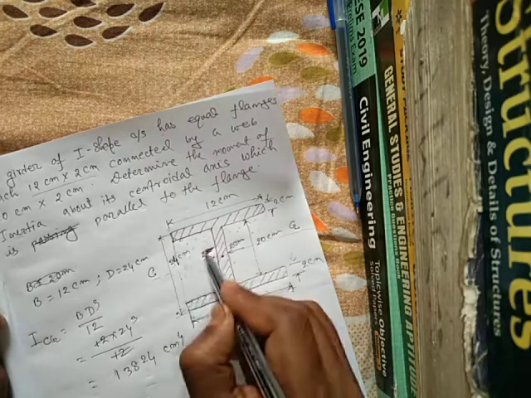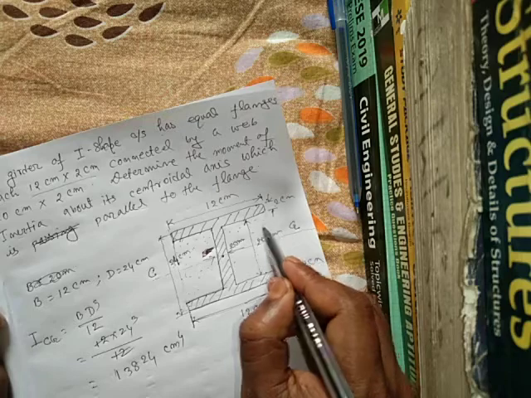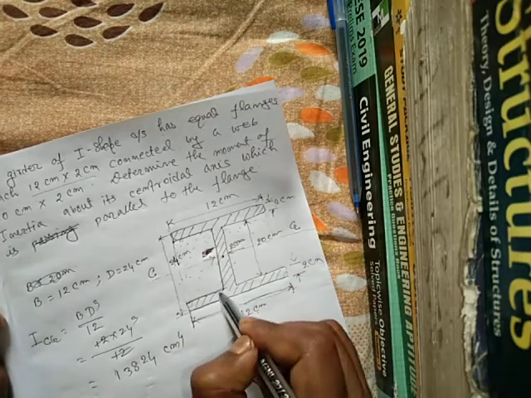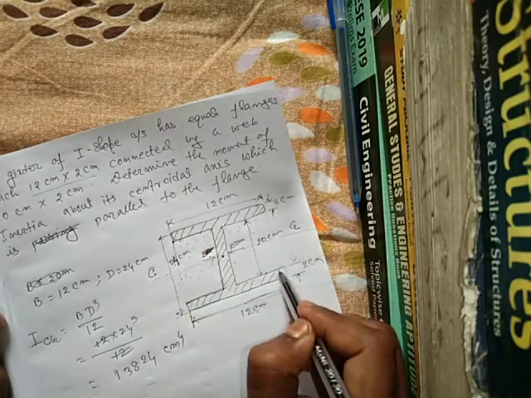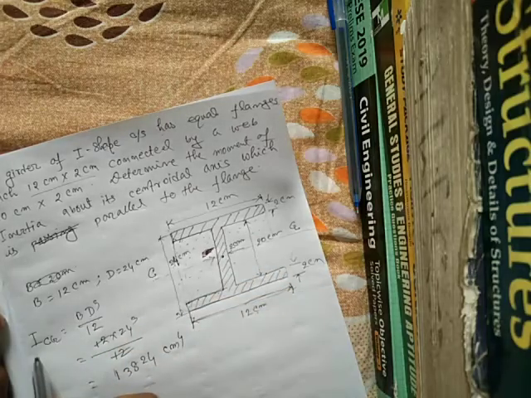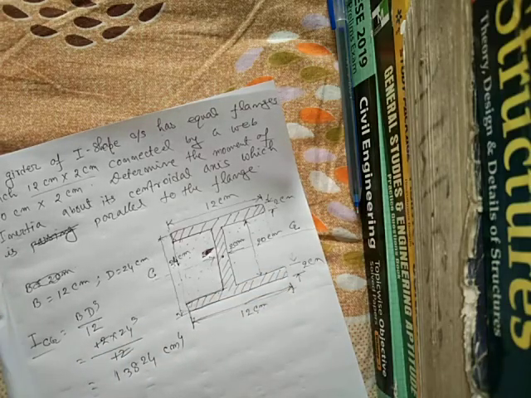Find the moment of inertia of these portions and subtract from the whole rectangle section.